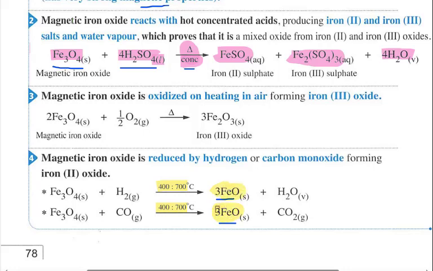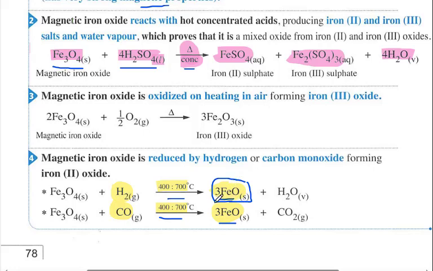Okay, so the reaction here is the reduction of magnetic iron oxide by using hydrogen as a reducing agent or carbon monoxide as a reducing agent. But here you have to know that the temperature is from 400 to 700 in both cases, and it produces only ferrous oxide, or iron 2 oxide.